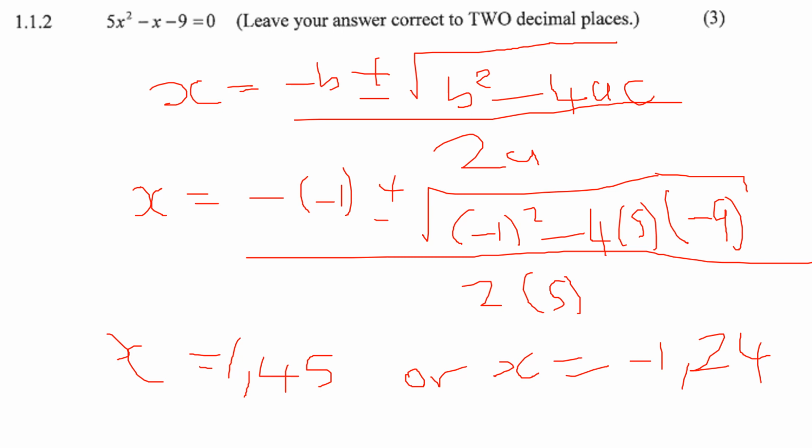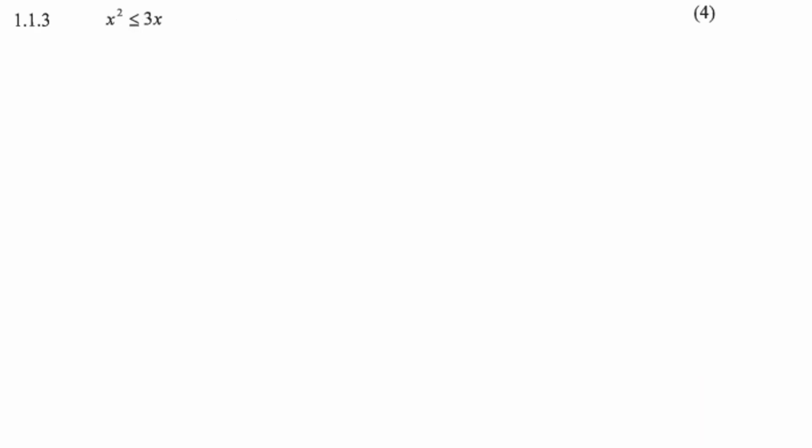Okay, let's move to the next question. The next question here is an inequality. So we must solve for the value of x. Basically, when we have an inequality like this, we want to have 0 on either the left or the right side. Normally in our equation we always have 0 on the right.